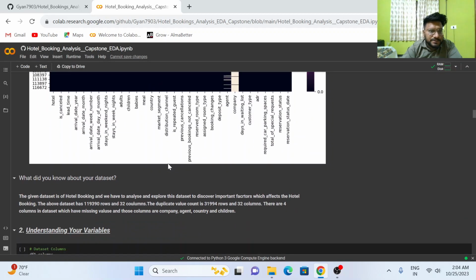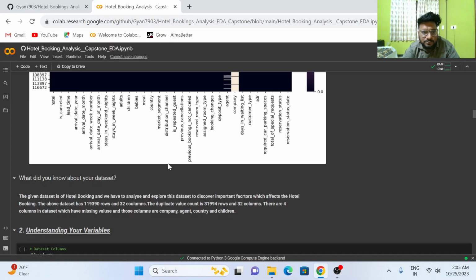So by this given dataset of hotel bookings, we have discovered the important factors which affect hotel booking. The above dataset has around 119390 rows and 32 columns, and the duplicate values count was 31994.